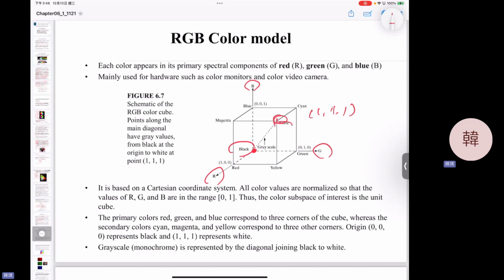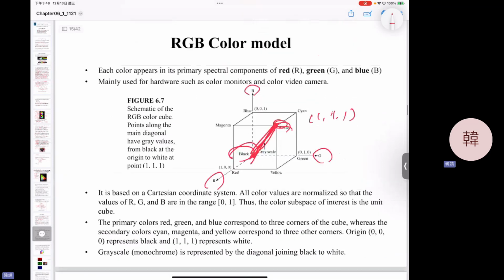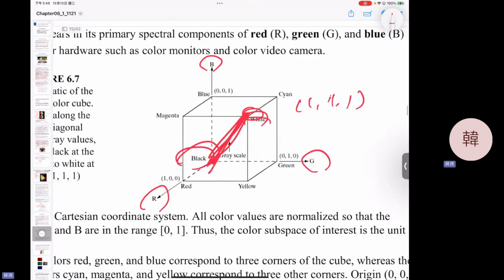Okay, so if you draw a line between black and white, it's the gray levels. It's always gray because every primary color is equal. So in that sense, it becomes a gray scale, from black to white along this diagonal line. So it should be very easy to understand this RGB color.